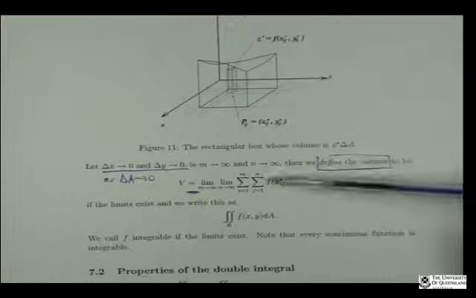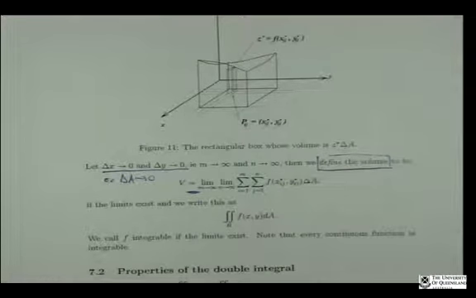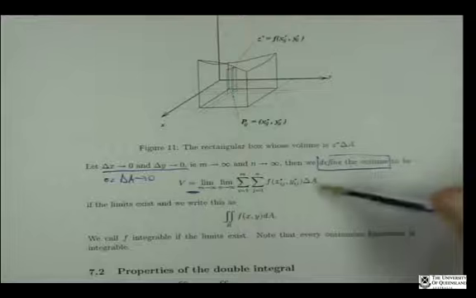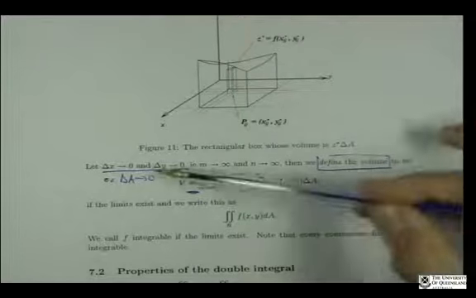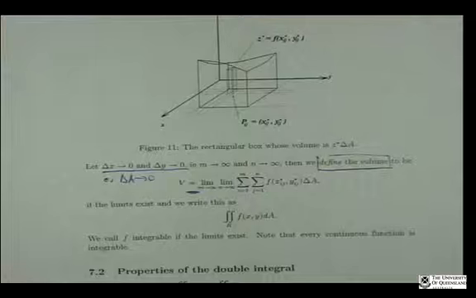Remember, this f of x star y star is just the height of those boxes, and the delta A is the base width. We're taking the limit as the base area goes to 0, in one of these ways. If this limit exists, it's not always going to exist, but if it does, we write it in this way.